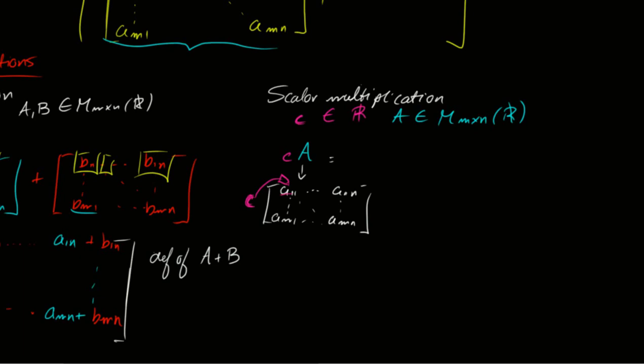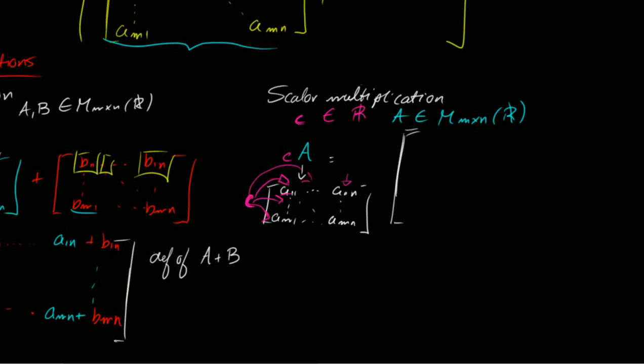So c times A11, c times A21, until c times AM1, and then it goes to the second column, and the third column, and so on, until it gets to here. Okay, so that's basically what I'm going to write out. So it's equal to the matrix. So this is my result.